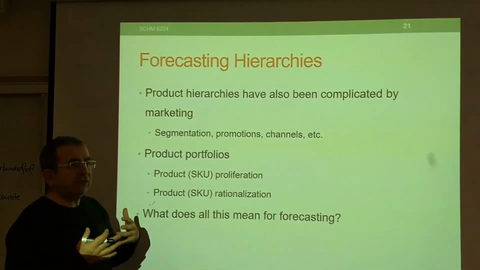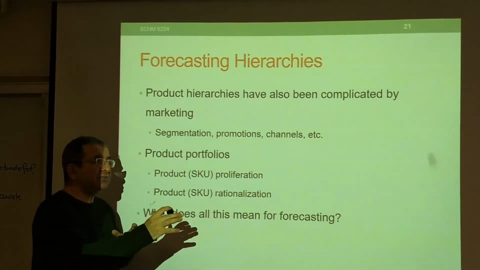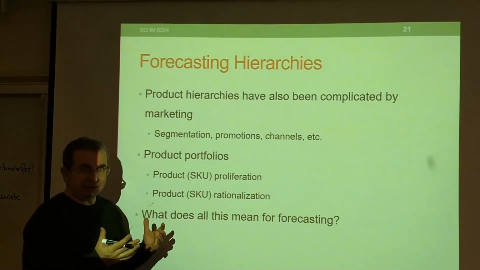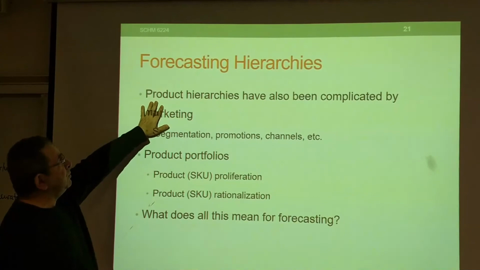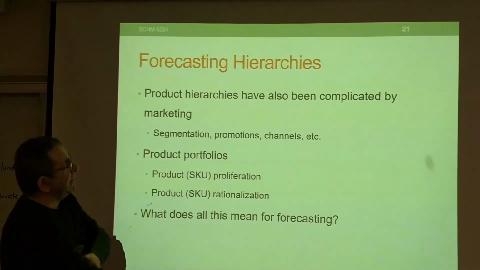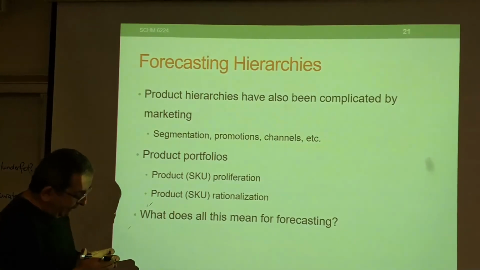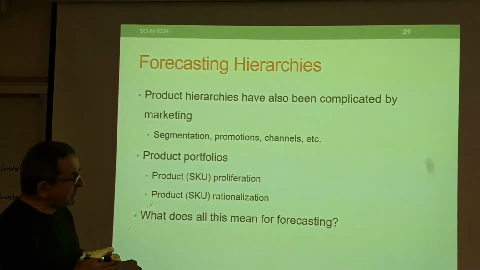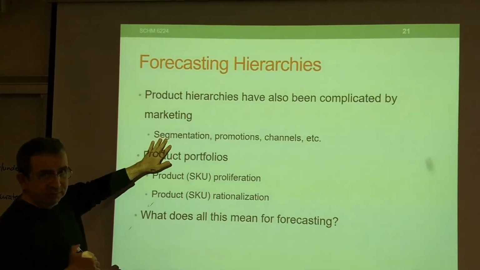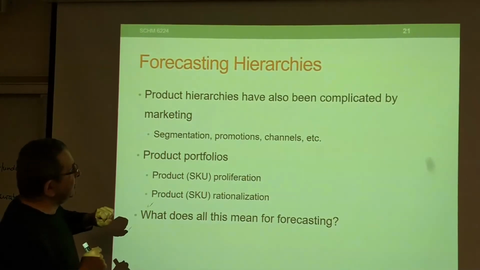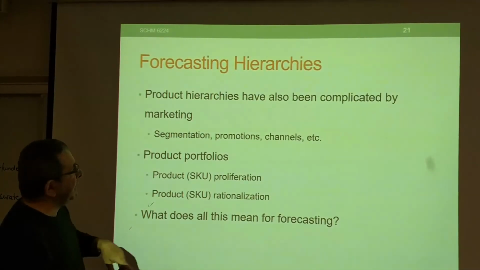So if the hierarchies were simpler, the forecasters could help decision makers more easily. But then, why do product hierarchies become more complicated? Now, there's a lot of reasons for that. The first one is segmentation. Marketers love to segment. Okay, customers, regions, all kinds of different things.